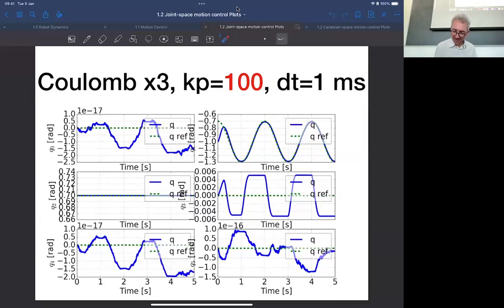You can see here this behavior of this joint. It's very typical of Coulomb friction. It's very nonlinear. See, even if the motion is sinusoidal, because of Coulomb friction, it becomes like a square wave. Because this is where the Coulomb friction is basically making the joint stick.